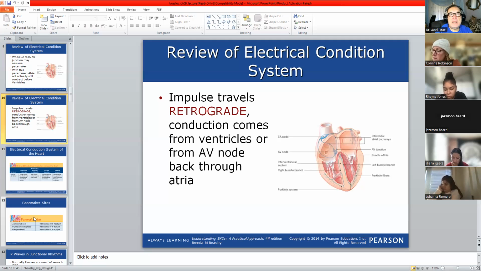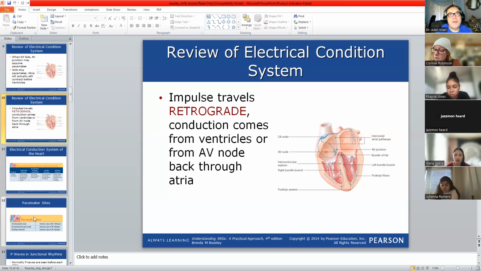It means what? Negative P waves all the time. The P wave will be negative, not varying like in the atrial. We mentioned in the atrial that it varies: present, absent, upright, inverted. But here it is going to be negative all the time. But we are going to learn one more issue.